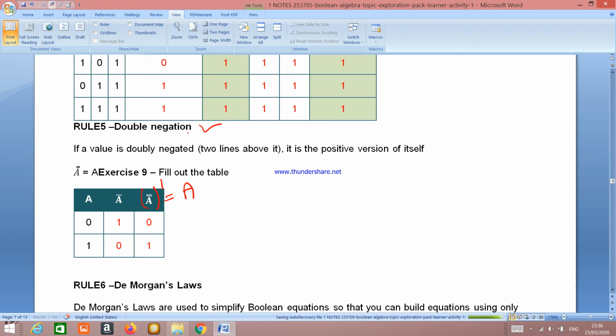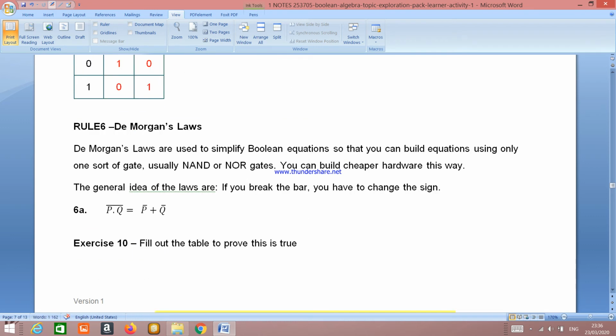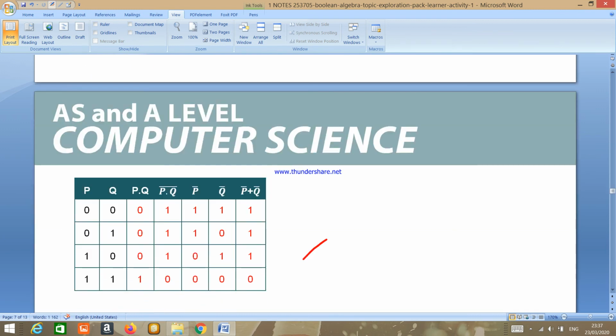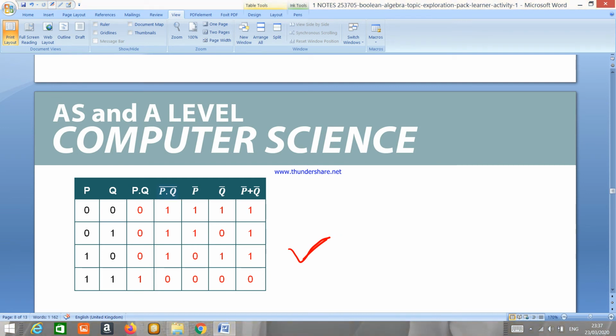Next, what is De Morgan law now? De Morgan law is very simple, like A multiplied by B whole in dash is the same thing as A dash plus B dash, and we have proved it using the truth table.